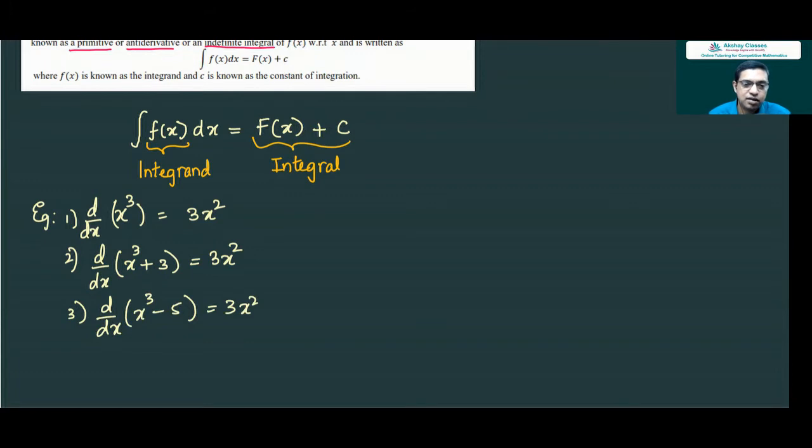So now if you integrate 3x square, we'll get x cube for sure, but it can be x cube plus 0, or x cube plus 3, x cube minus 5 or x cube plus 1, any constant. So you're not sure which is the actual function.